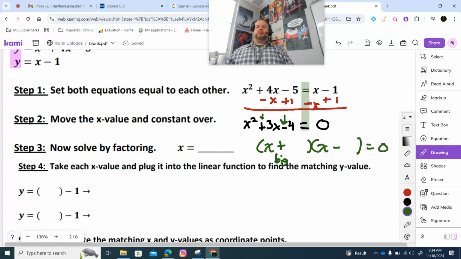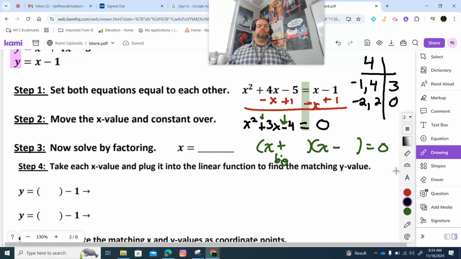Well, let's think about this because apparently there's lots of factors of 4. 1 and 4 and 2 and 2. Bigger one's positive. So that's negative, that's negative. Plus 4, minus 1.